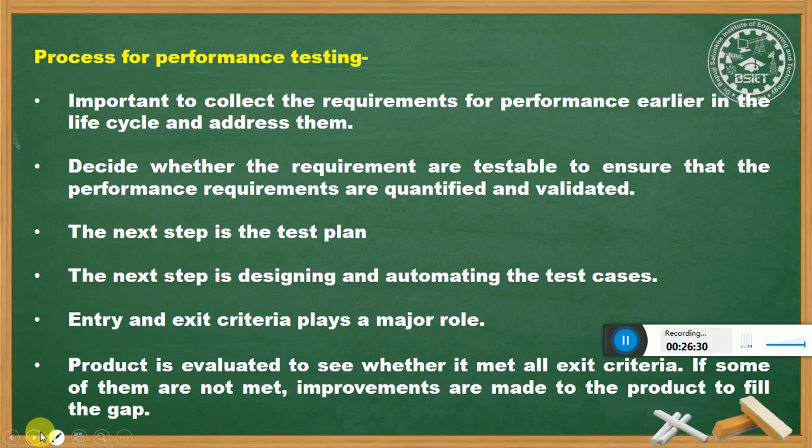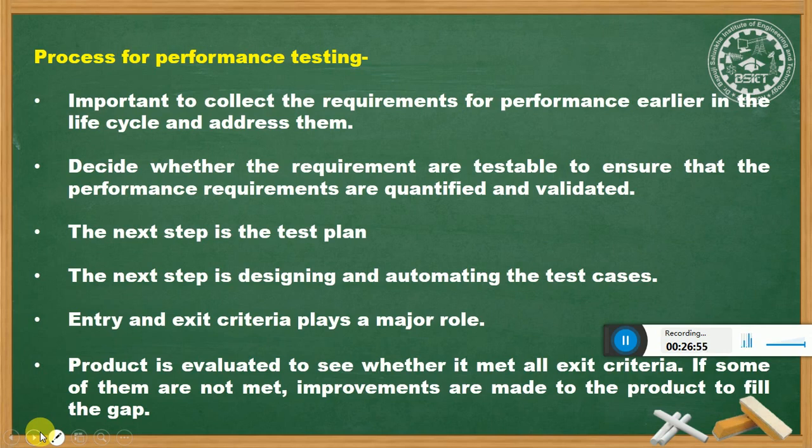Next is entry and exit criteria, which plays a major role. At regular intervals during product deployment, the entry criteria are evaluated and the test is started if those criteria are met.